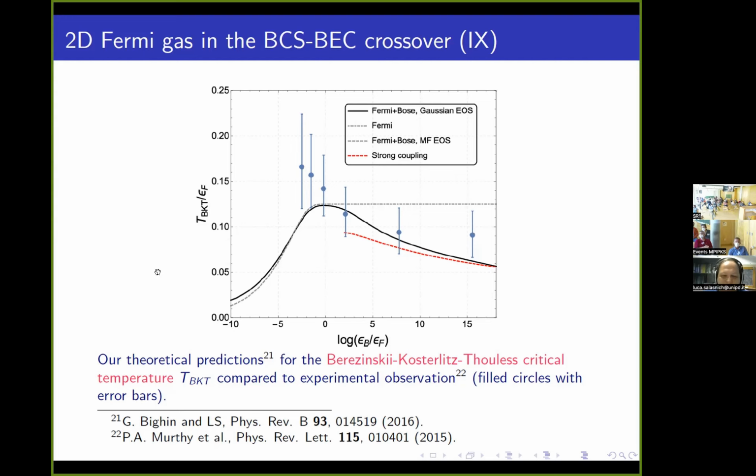And again, on the left, you have the BCS regime, while on the right, you have the BEC regime. The solid curve is the one obtained taking into account both bosonic and fermionic elementary excitations. Instead, if you consider only the fermionic elementary excitation, you see that you have this dashed line, which is quite good, let's say, on the left side, namely the BCS regime, but it goes to a constant in the BEC regime.